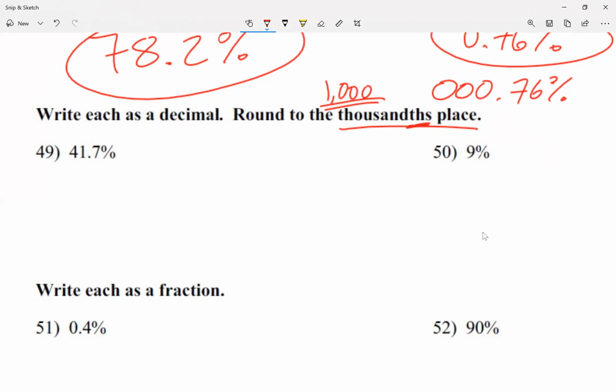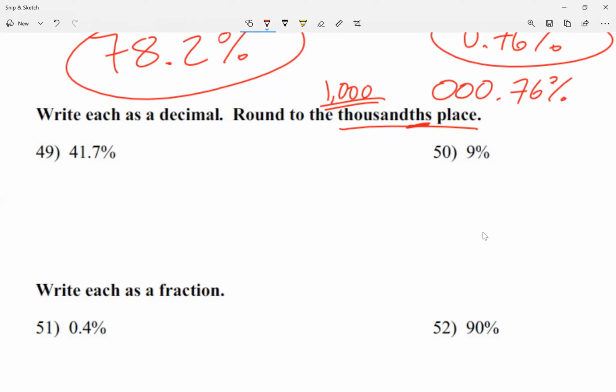The TH at the end, once again, it means it's a decimal. Thousands sounds like thousand, which is a one with 3 zeros. So my answer here should have 3 decimal places. Okay? 3 decimal places. I'm going to write this as a decimal with 3 decimal places.